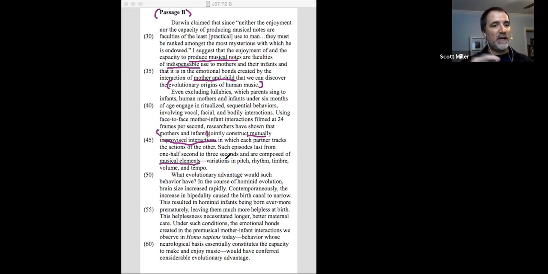That's the whole point of this paragraph. Why is that paragraph there? It's supporting the first paragraph. This is providing support for the thesis in the first paragraph that music is important to humans, that it's indispensable. So, okay, great.